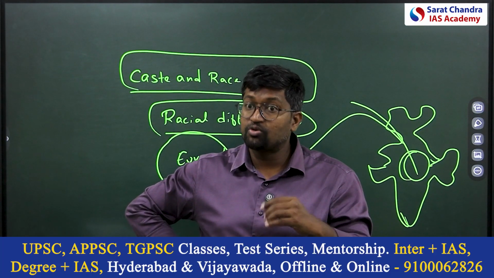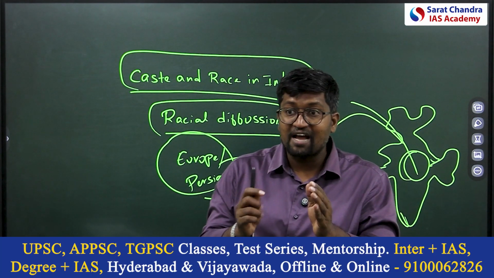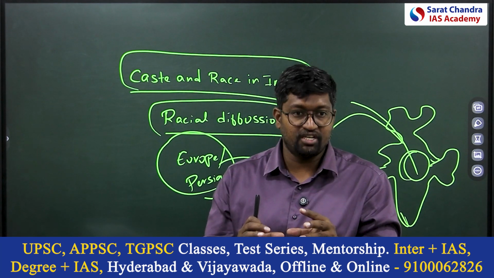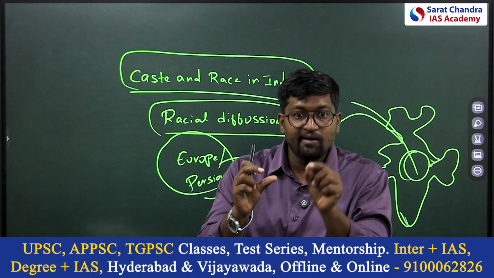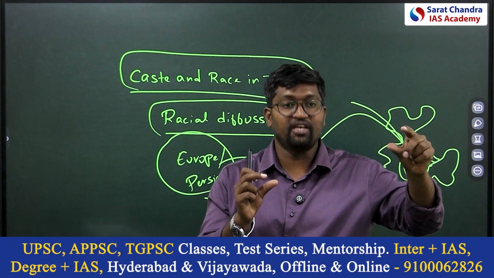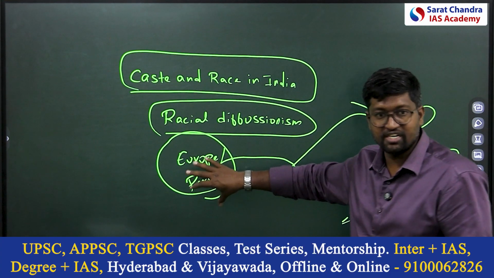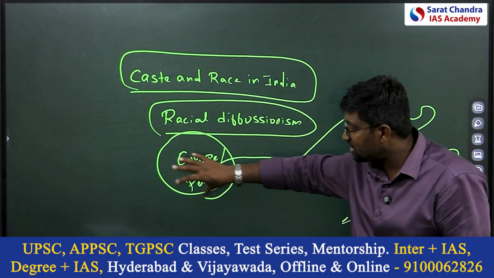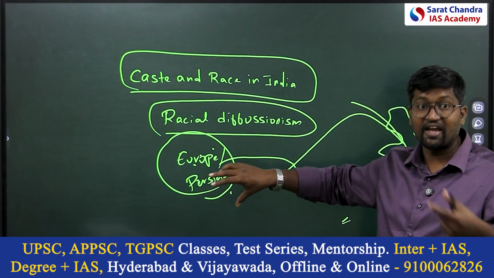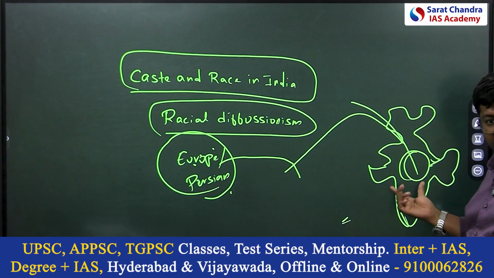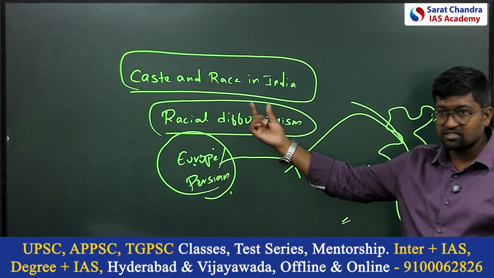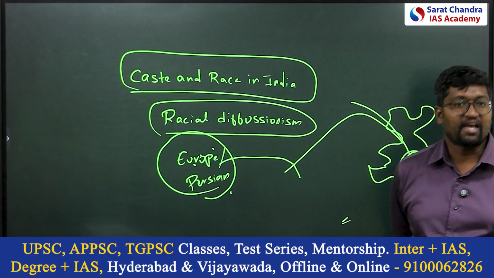How to make sure that masses should not become rulers? These rulers should have some identity. To maintain their domination, they introduced a political notion called Brahmanism: we are religiously superior. So through this diffusionism, once we consider it an Aryan race, a superior white race, they entered into India and subordinated these people, and that is how race translated into caste.